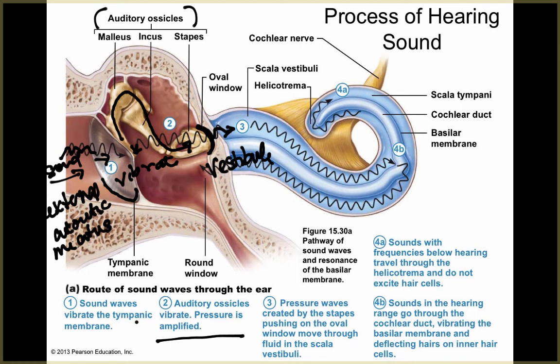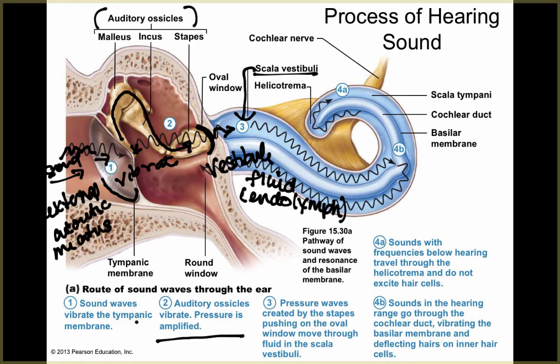And so basically, what's here is fluid, inside here. And that fluid is known as endolymph. And so that fluid is located in this area known as the scala vestibuli.